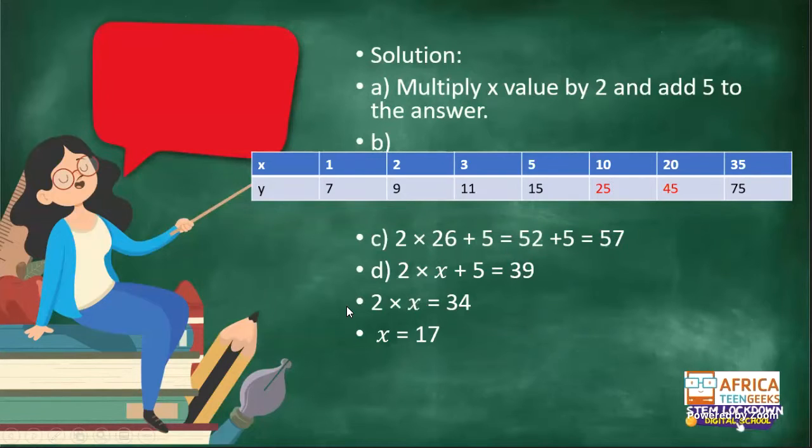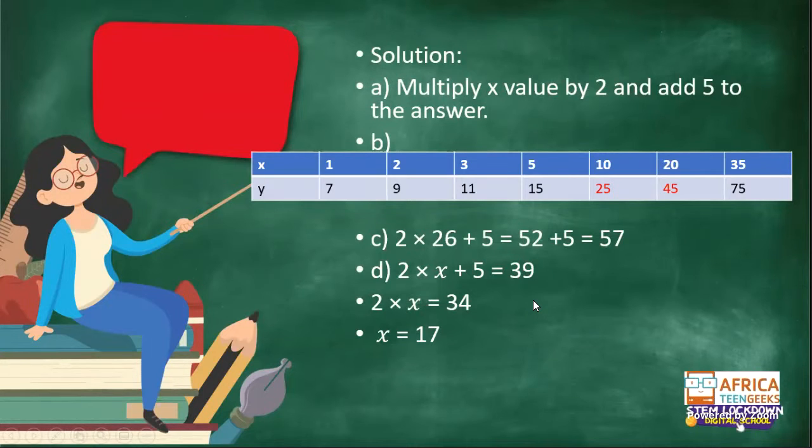Now to get the x value, when the y value is 39, 2x plus 5 equals 39. At this point, you take this 5 from the left-hand side to the right-hand side. I'm saying that you will take the 5 from the left-hand side to the right-hand side.